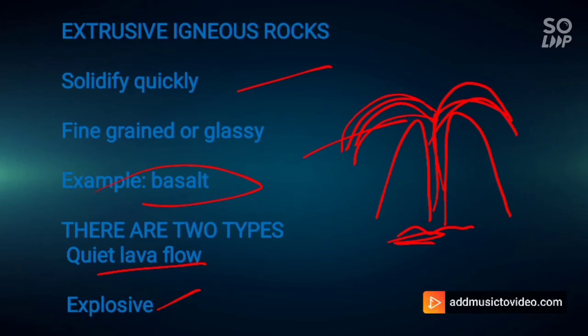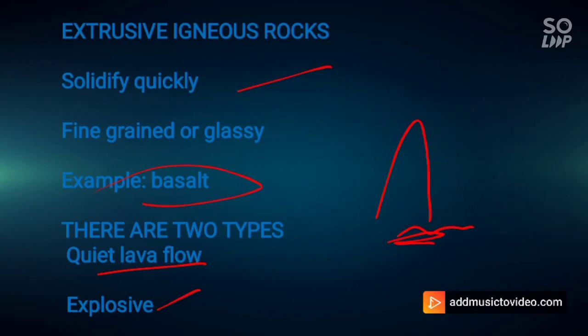The second one is the explosive type. The second type is like a cone. So you have a volcanic cone. And from this volcanic cone, magma is not coming out, lava is not coming out. What you usually see is big fragments of rocks. This actually happens because air first comes out.